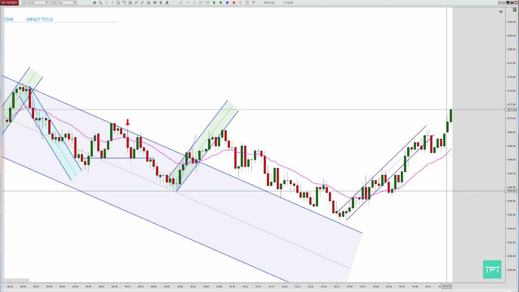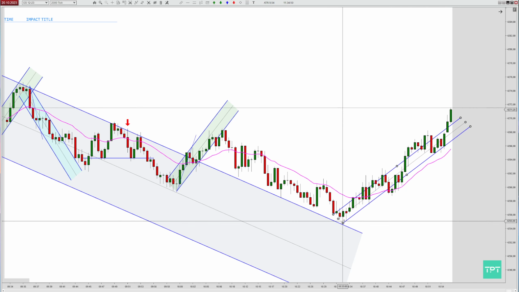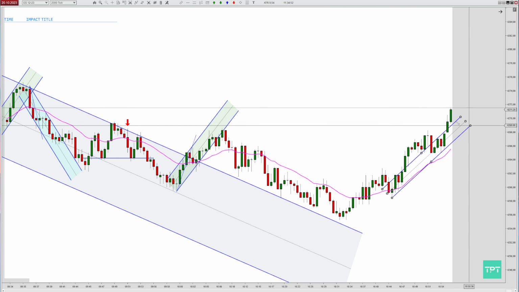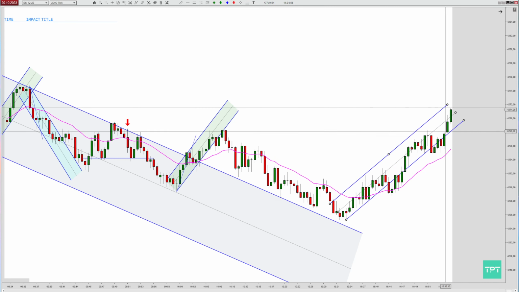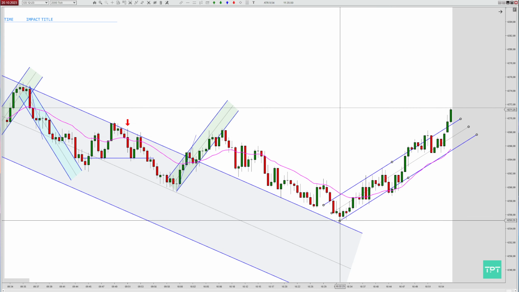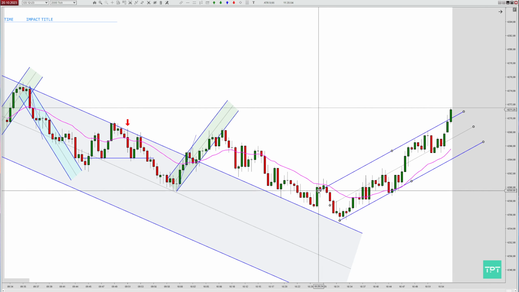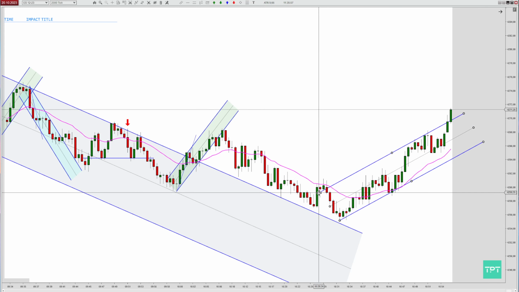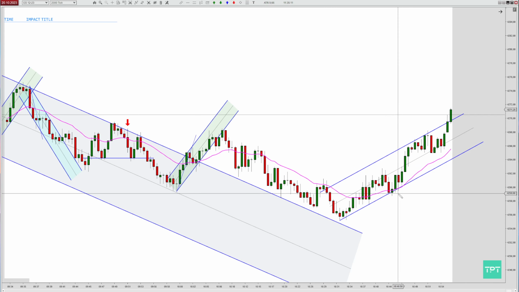Pulling back here to the EMA and still going higher, so maybe there is a bigger channel in play. Right now it's difficult to find something that is fitting nicely here, so maybe after all it's something like this, but then we're getting a potential overshoot here already.